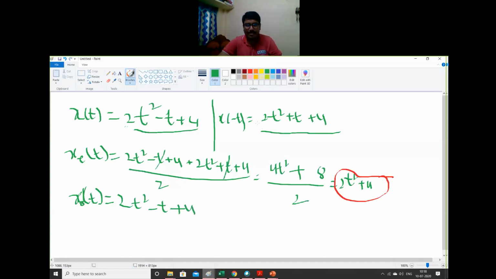So minus of this is minus 2t square, and this plus t will become minus t, and that plus 4 will become minus 4, whole by 2. This minus 4 and plus 4 cancel. Minus 2t square and plus 2t square cancel.